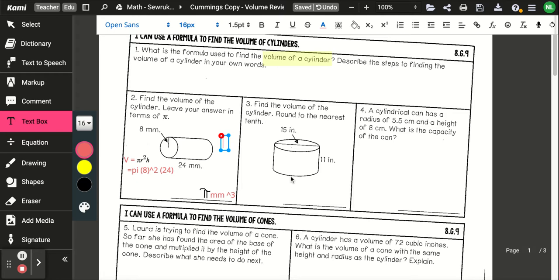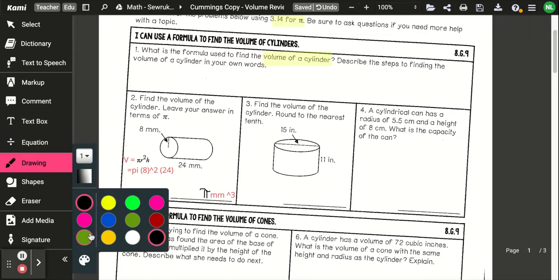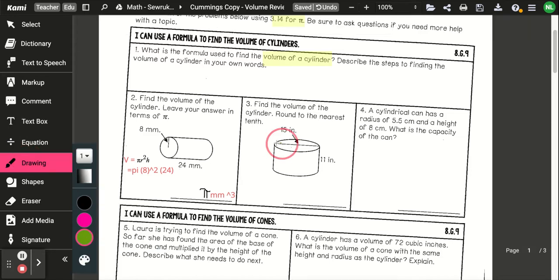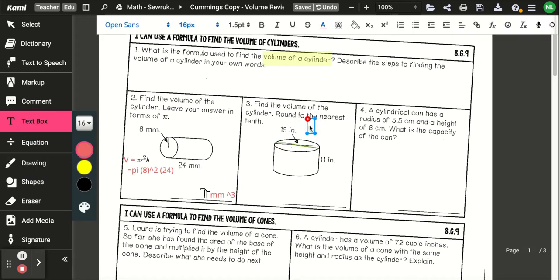So write the answer. You're going to do these ones just like you did this one. Find the volume of the cylinder, round to the nearest tenth. They are giving you the diameter. This here is the diameter, so you need the radius. Remember, radius is half of the diameter. So you have to divide 15 by 2, or cut it in half, to figure out what the radius is.